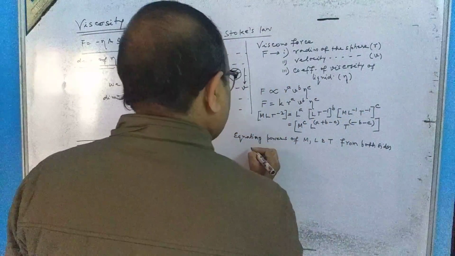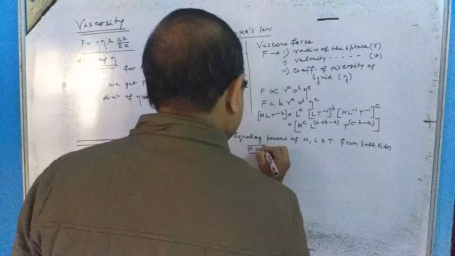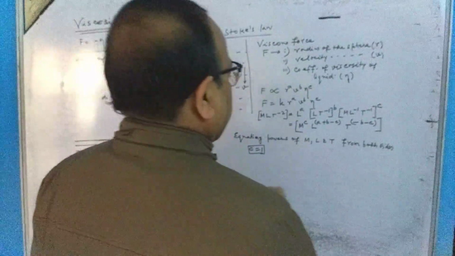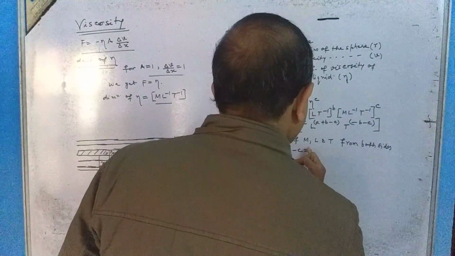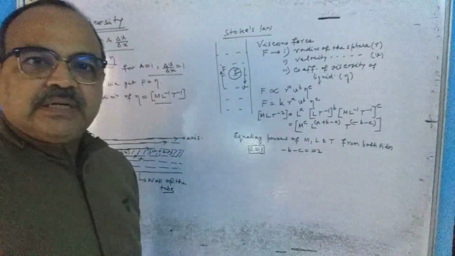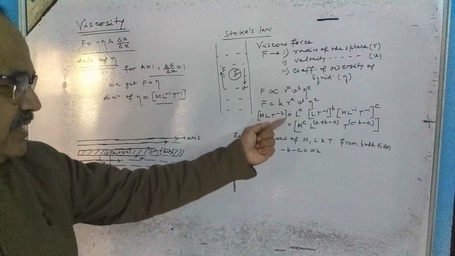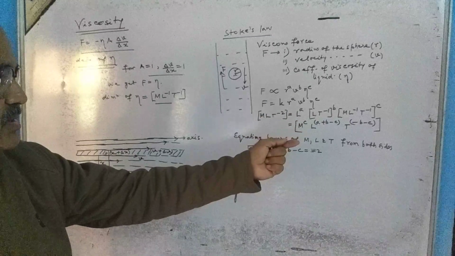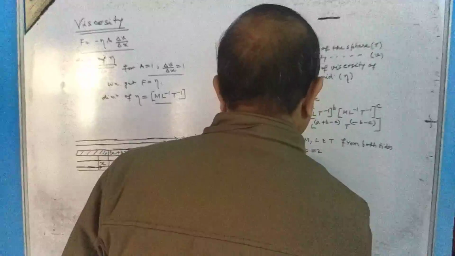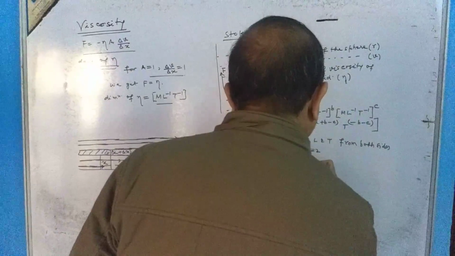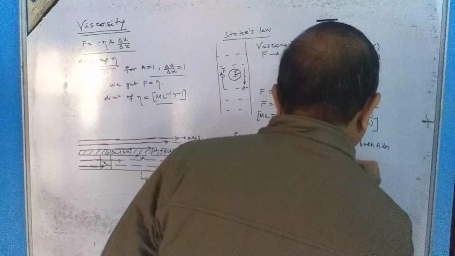If you equate, you will get c equal to 1, definitely. Then equating the powers of T, minus b minus c is equal to minus 2. So b plus c is equal to 2, which implies b is equal to 1, because c is 1.